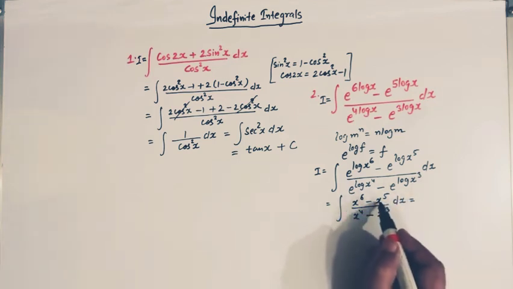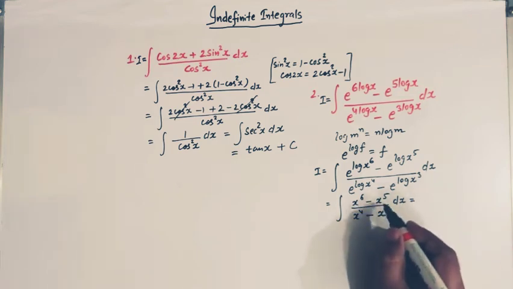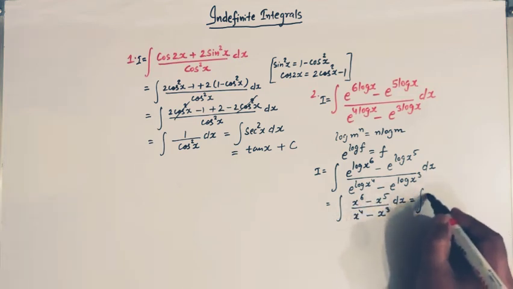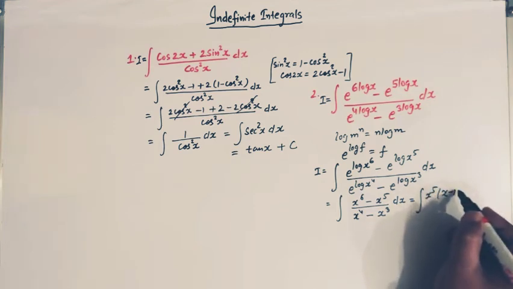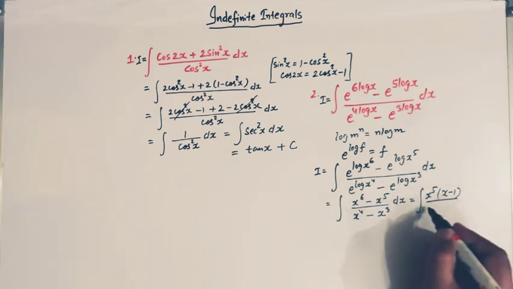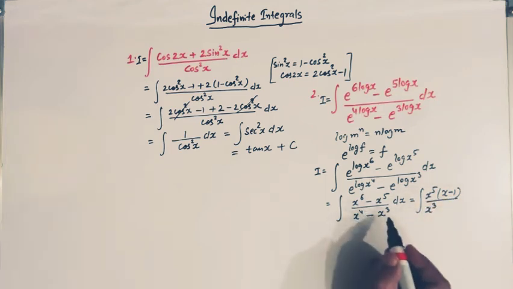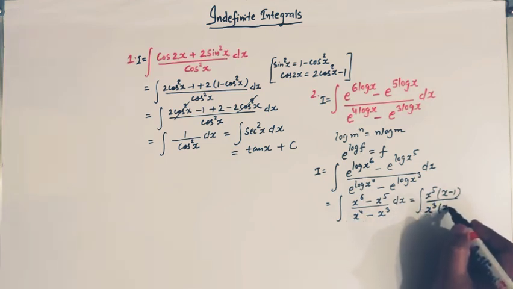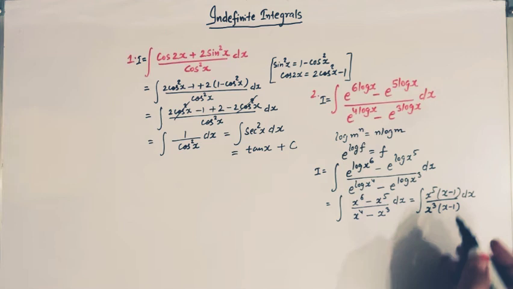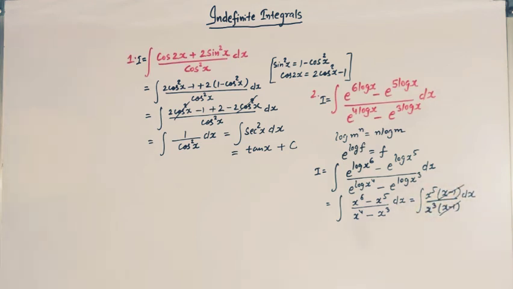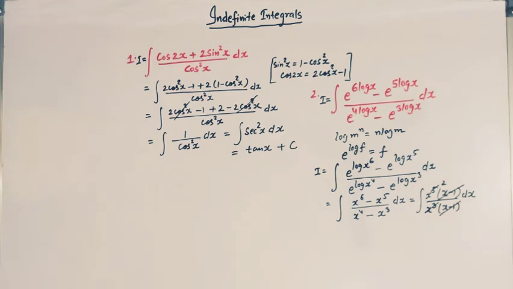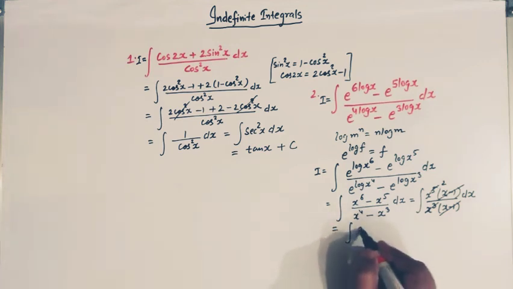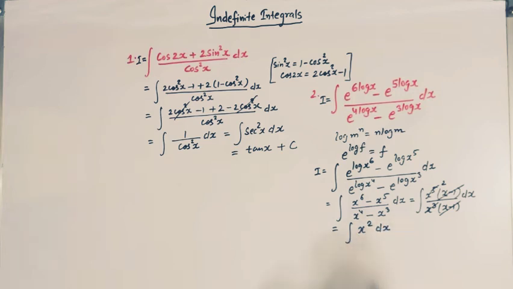Now if we take x raised to 5 common from the numerator, then we have x raised to 5 times x minus 1, and here we can take x cube common, and we have here x minus 1, right? So x minus 1 and x minus 1 get cancelled, and here we have x cube, this gets cancelled, and here we have x square. So this is equal to x square dx, right?